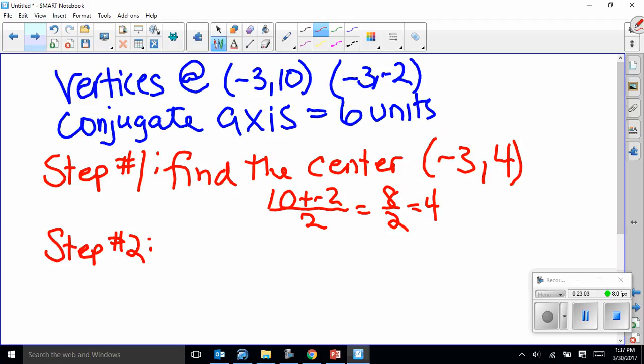All right, so step number 2, let's find our a. We know where the center is now, so we can find a. The vertex is our center point plus or minus a.